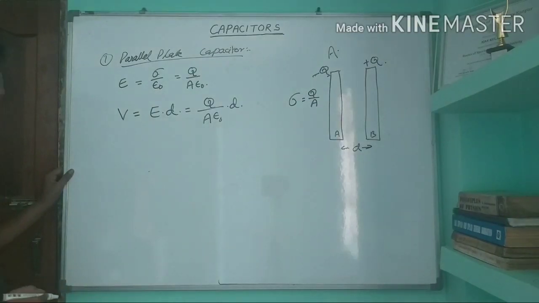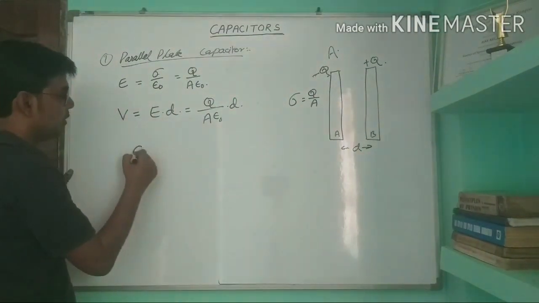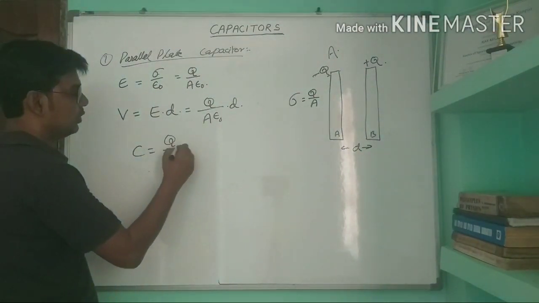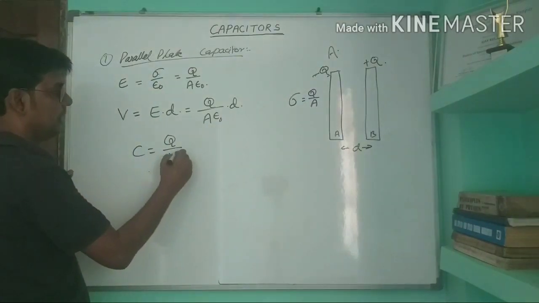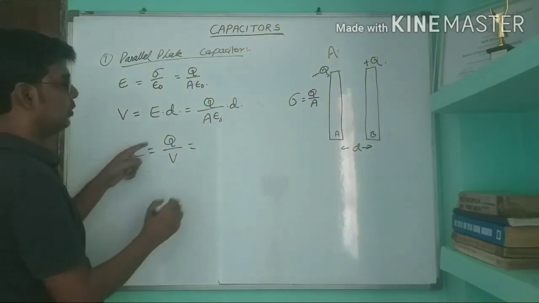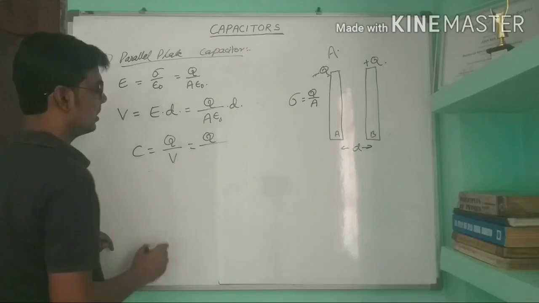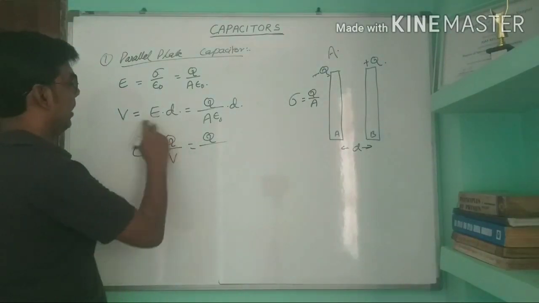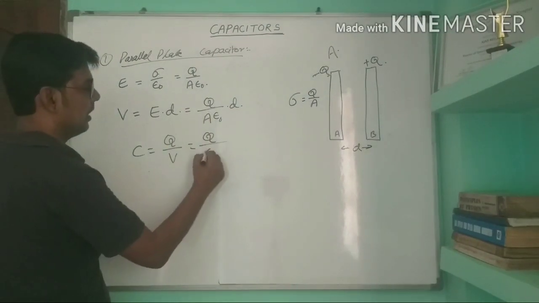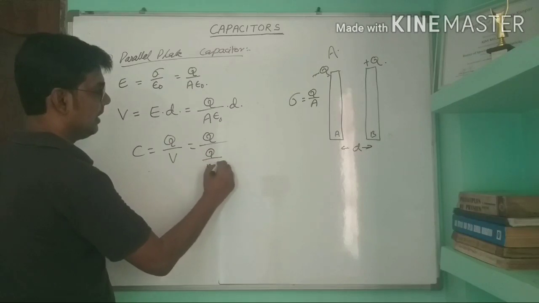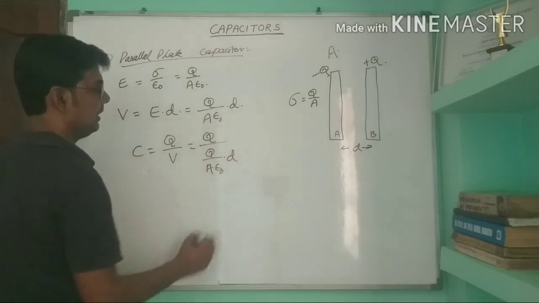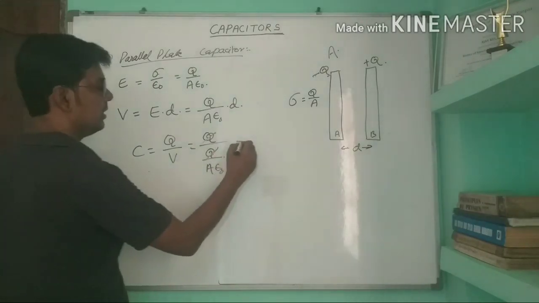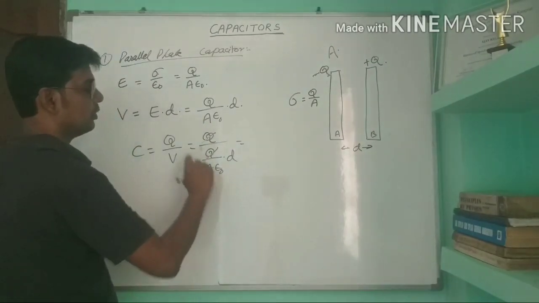Now, what will be the capacitance of the conductor? We know capacitance is equal to Q by V. So Q is this much and V is what we calculated, Q d by A epsilon 0. Now this Q cancels, and A epsilon 0 will go up.